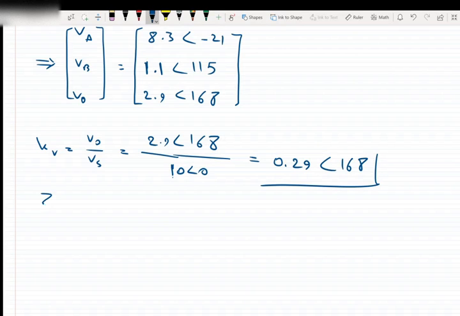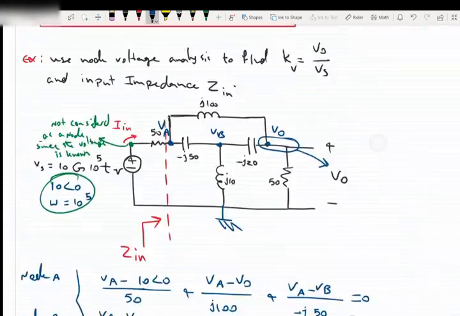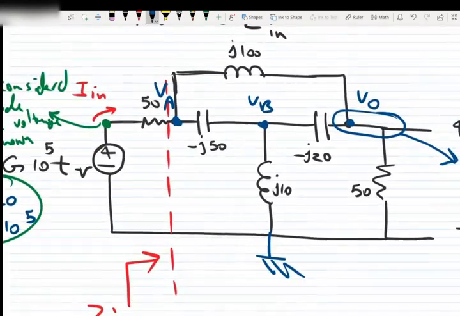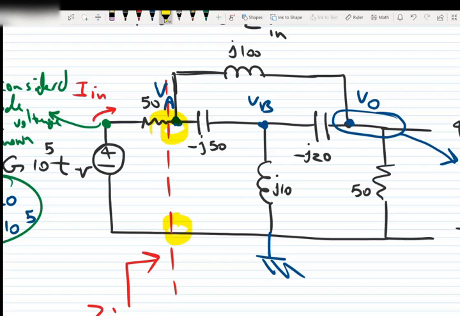What is Z in, the input impedance? Let's go back to the circuit. Here, the input impedance is the voltage at these two points over the current entering this circuit. The current entering from the left side of the dashed line to the right side, we can simply find it.